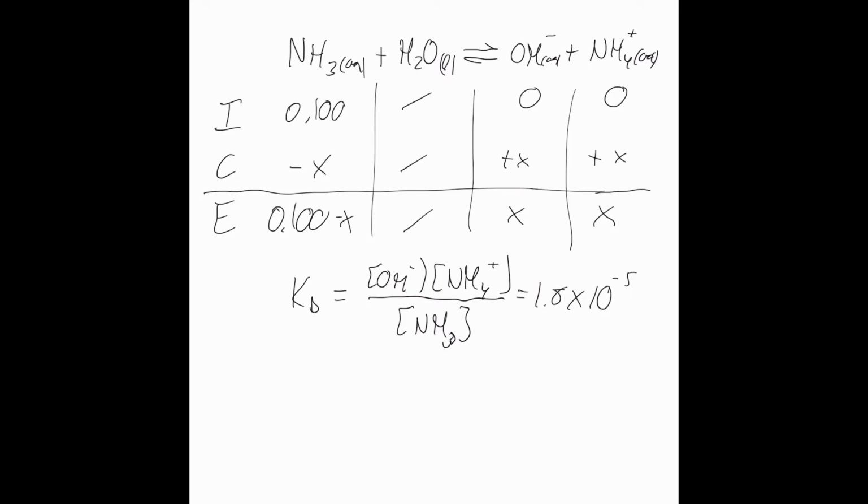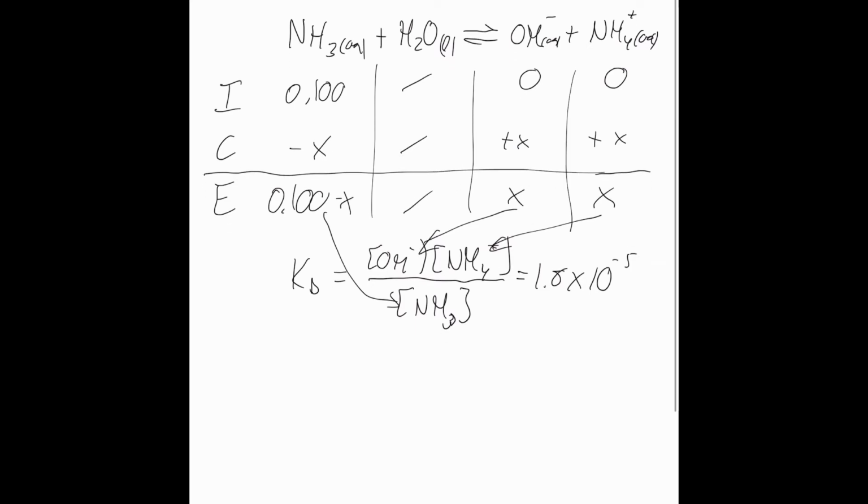We plug in X, and then this is 0.1 minus X, but I'm going to do something at this point. Because this is 10 to the minus 1, and this is 10 to the minus 5, I'm going to go ahead and make an assumption. I'm going to assume that X is small compared to 0.1.